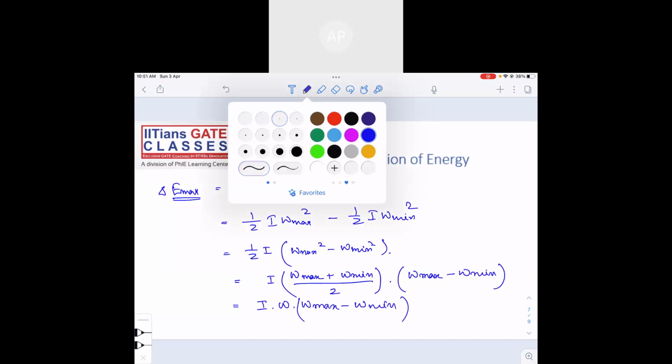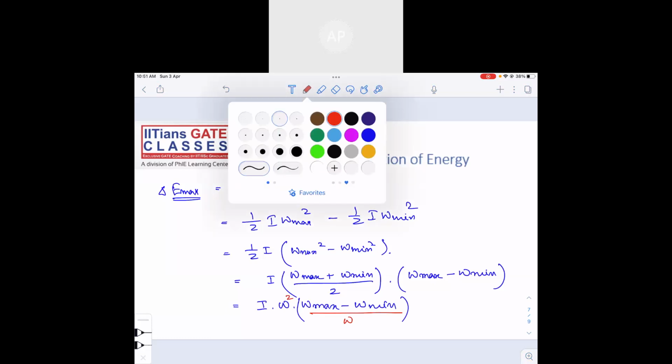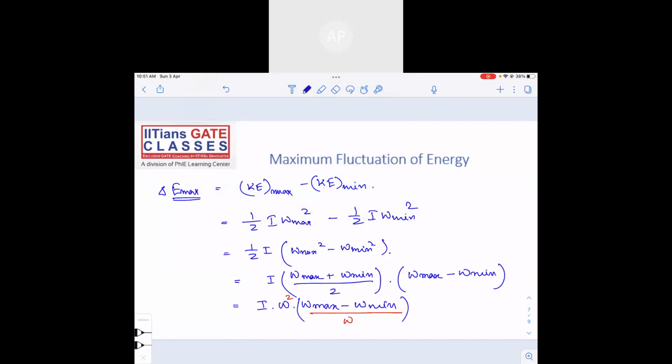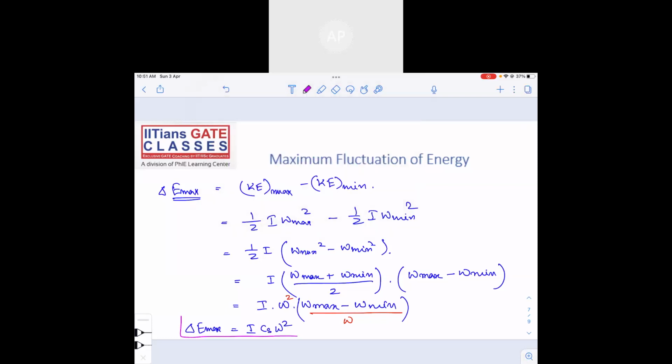I can make this square and divide it by omega. So what is omega max minus omega min divided by omega? Can I say this is nothing else but CS? So what is delta E max now? Delta E max will become I CS omega square.